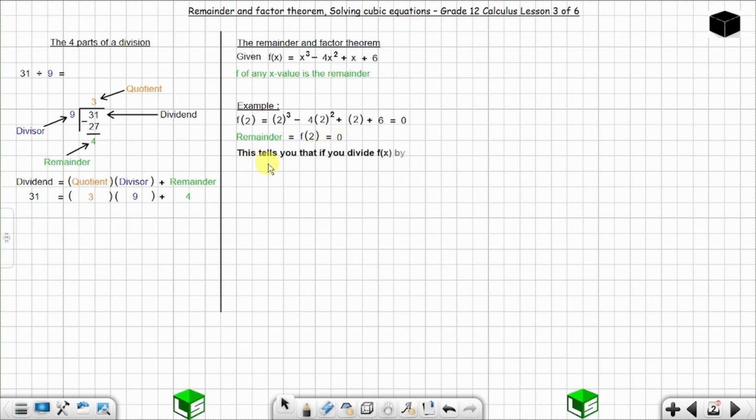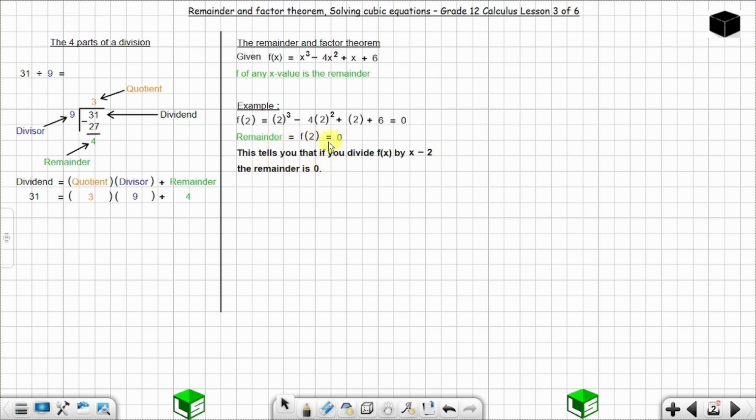So this tells you that if you divide f of x by x minus 2, when you take this in there, the sign is going to change, so you have minus 2. If you divide f of x by x minus 2, the remainder is 0, as you have obtained.